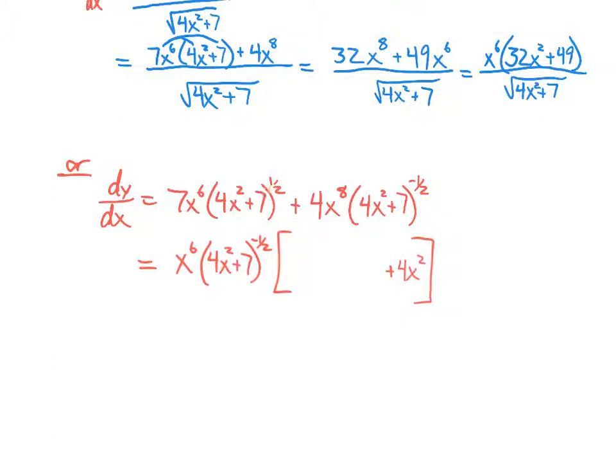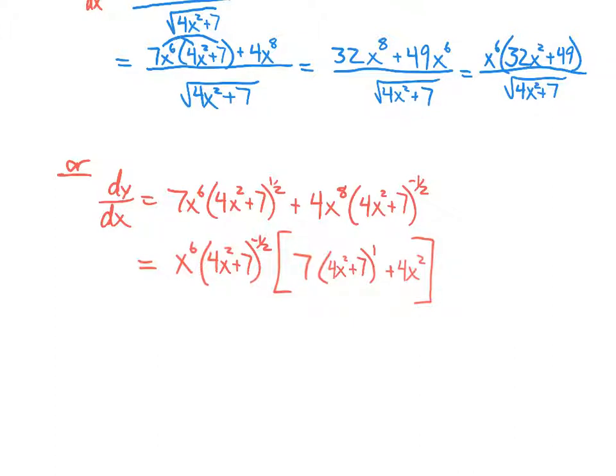Just 1. So notice the 4x squared plus 7 is now to the first power. And I took out the x to the 6th, so there's my 7. Okay? So notice, if I were to multiply this back together, this to the negative 1/2 times this to the first would be 1 minus 1/2, which gets me back to the 1/2 I had originally.